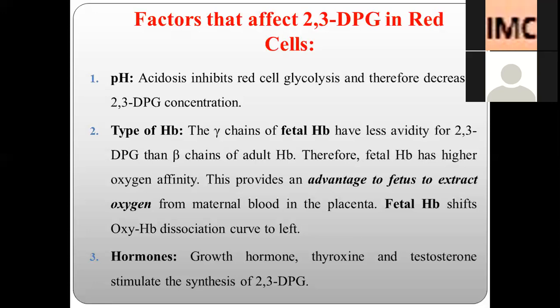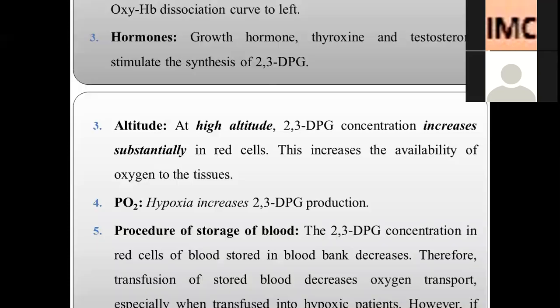Then comes the third point, hormones. Hormones such as growth hormone, thyroxine, and testosterone stimulate the synthesis of 2,3-DPG. If there is an increase in 2,3-DPG, there will be a shift of the curve towards the right. That means there will be release of oxygen towards the tissues.